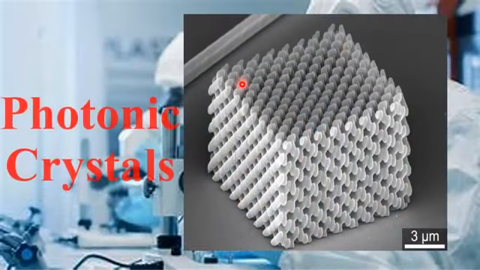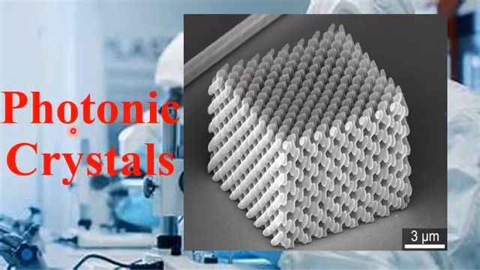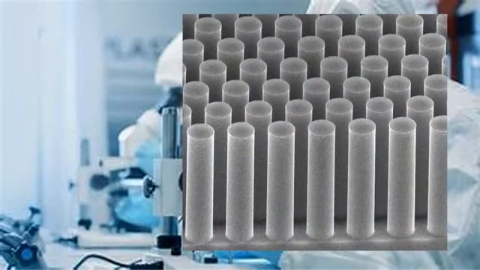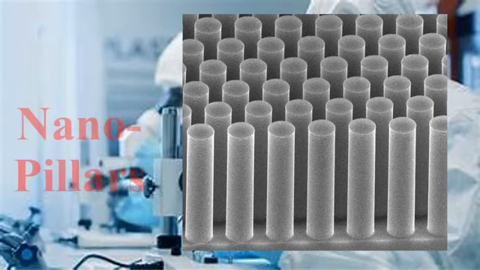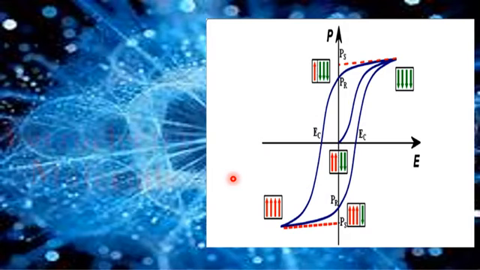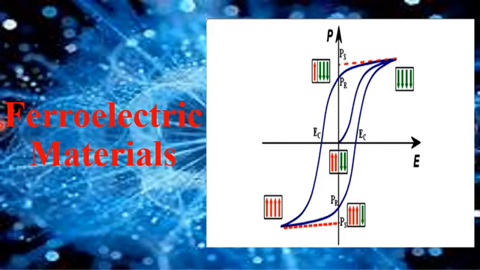Similarly, with the sol gel process, we basically produce photonic crystals, which are used in the optoelectronic industry. So it is different based on the physical structures like nanoparticles, nanorods, nanowires, and thin films prepared by a sol gel process. These materials may be used as ferroelectric materials.